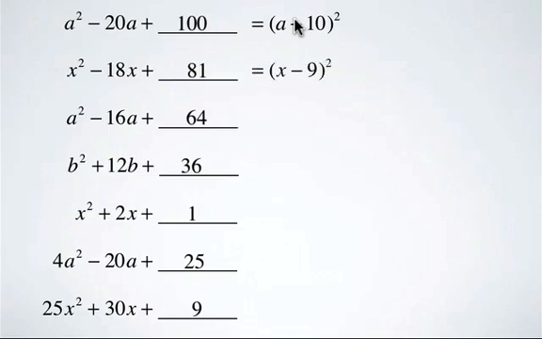The next one is x minus 9 squared. The first term x is the square root of this first term. 9 is from the square root of the third term. The minus sign comes from the one that's before the second term.